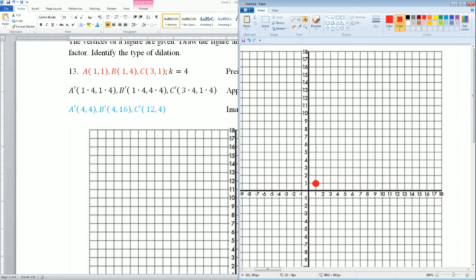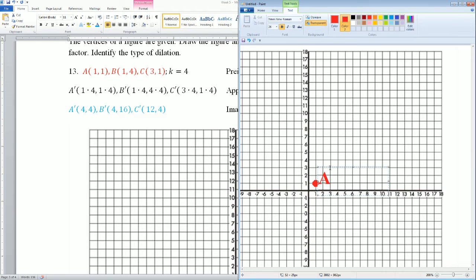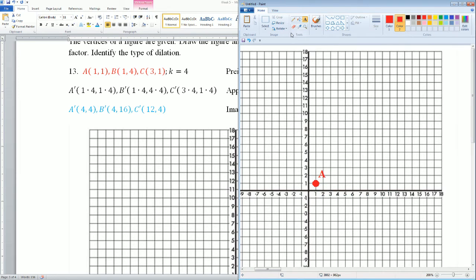That is going to be my A value. That's going to be red. Next, 1, comma 4. So 1 in the x, 4 in the y. I'm going to call that my B value.